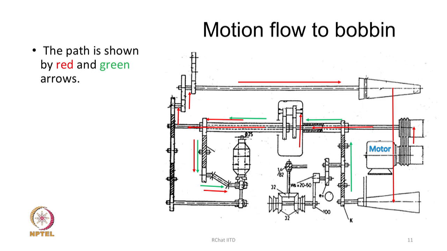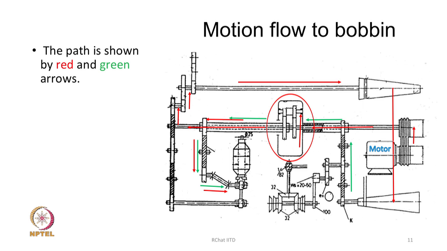So, the variable speed is going over there, and then from here it goes to the differential gearbox, the differential drive. So, the differential box also gets a drive from the main shaft. The main shaft is connected to the differential gearbox.